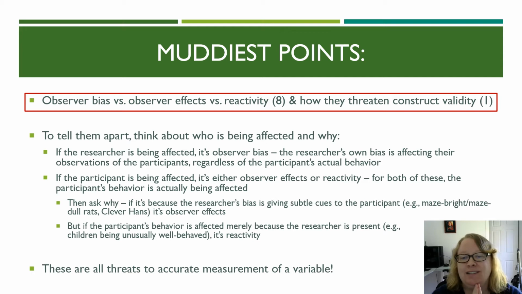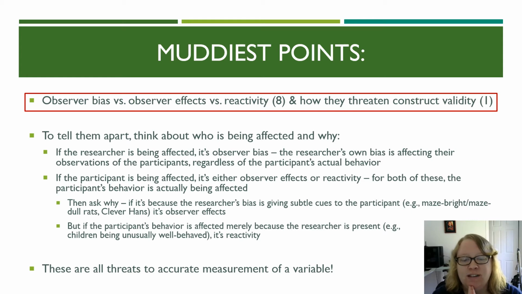Like Clever Hans, if the person giving the math test knew the answer, then even though they didn't realize it, they were giving very subtle cues to Clever Hans of when to stop tapping his hoof, right? That's observer effects. So if the reason the participant's behavior is changing is because of the researcher giving them cues, which is based on their own biases, then that makes it observer effects.